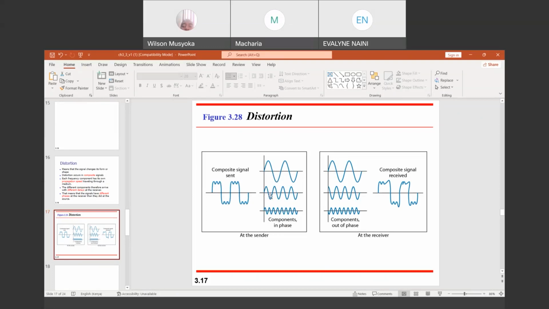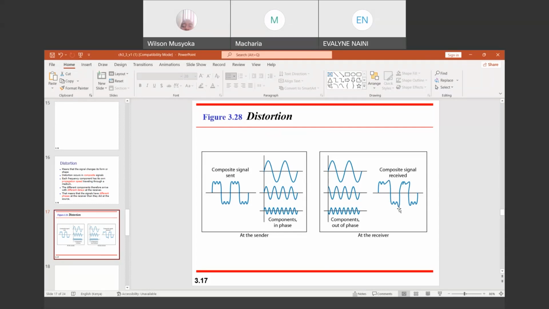Because of environmental factors, then they are affected somehow. So that the big one has gone like this, the small one like that, and the smallest one that way. Such that as they are getting to the receiver, the one which was constant here has been stretched a little bit here. Maybe its amplitude has gone up a little bit.